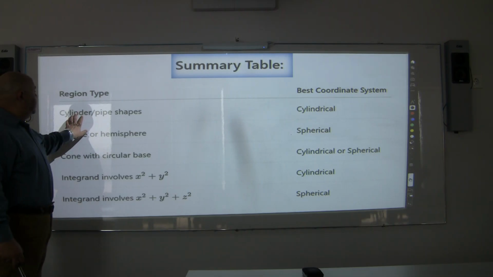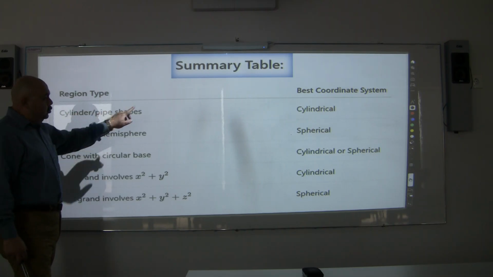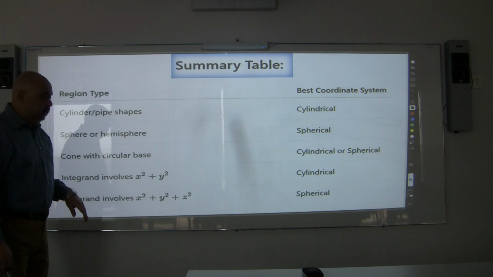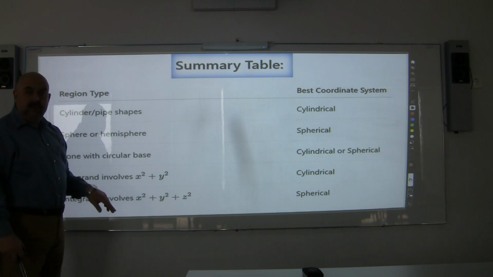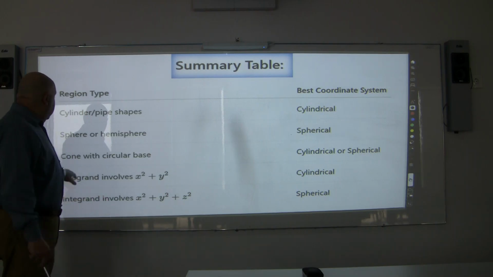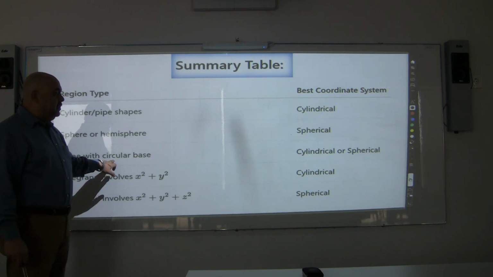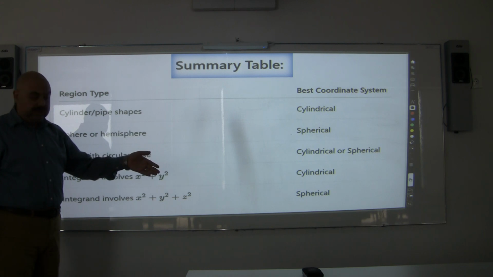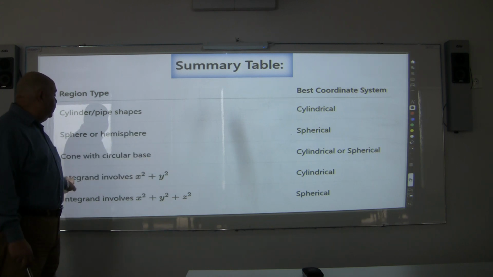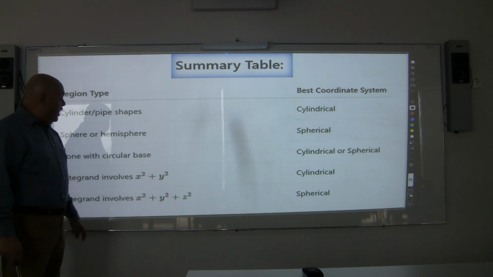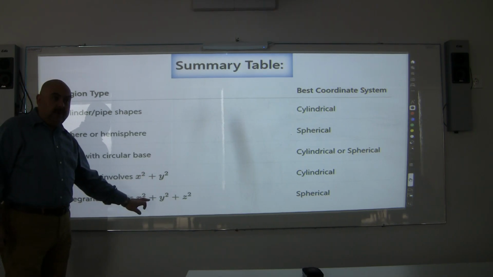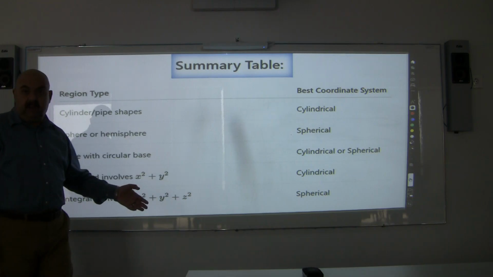If you have cylinders, pipe shapes, it will be better to use cylindrical coordinates. If you have spheres or hemispheres, you can go with spherical coordinates. Cone or circular bases, any one of them will do just fine. If the integrand involves x squared, y squared, cylindrical will be better. If the integrand contains x squared, y squared, z squared, of course spherical will be better.